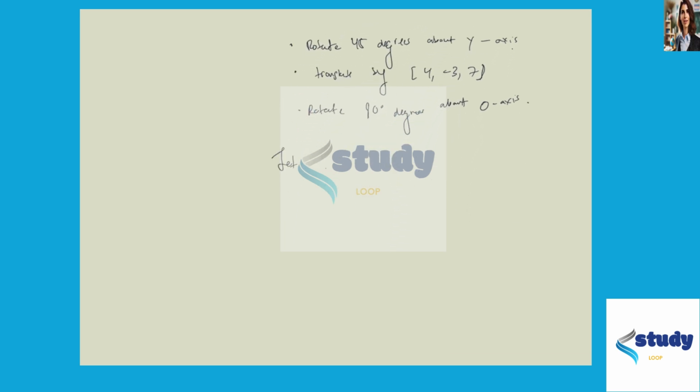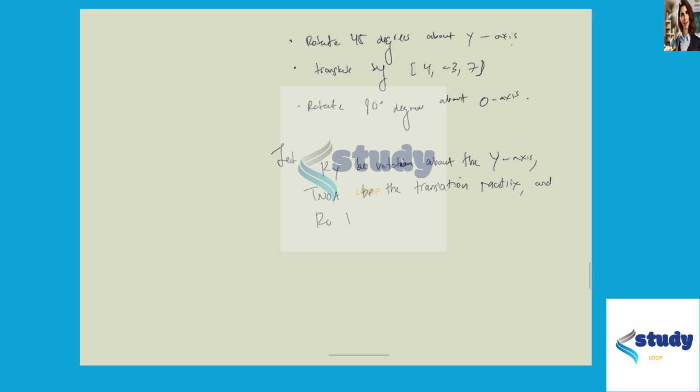Now we can say let R of y be the rotation about the y-axis, T NOA be the translation matrix, and R of O be the rotation about the o-axis.